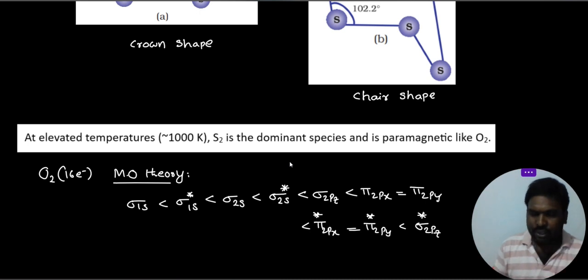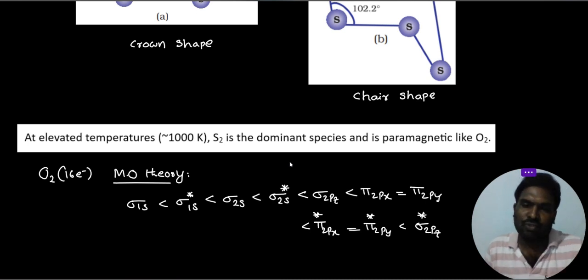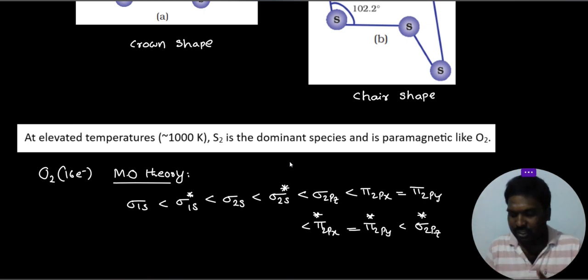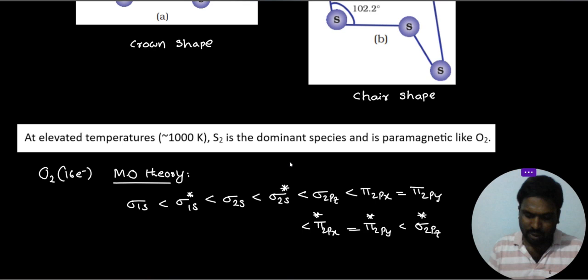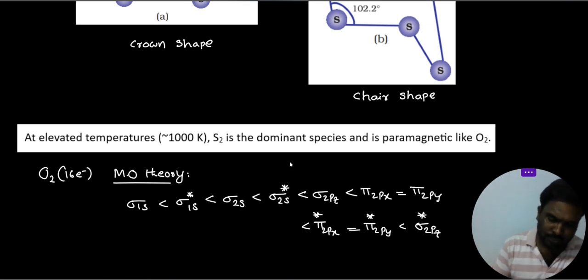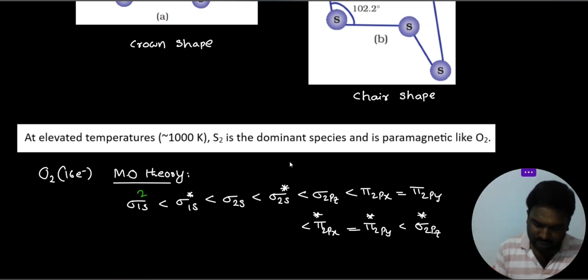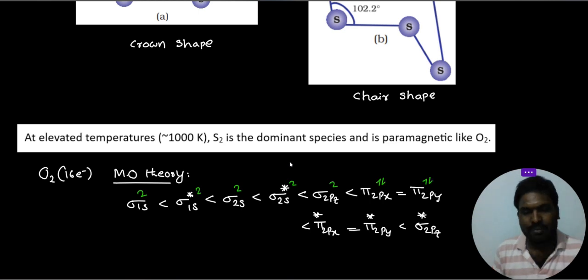You know, according to MO theory, up to 14 electrons one formula, 15 electrons onwards another formula. Here 16 electrons means we use the second formula. Now 16 electrons, how to write? Each orbital accommodates 2 electrons. These are the degenerate orbitals. Each orbital is occupied by a single electron and then pairing starts according to Hund's rule.